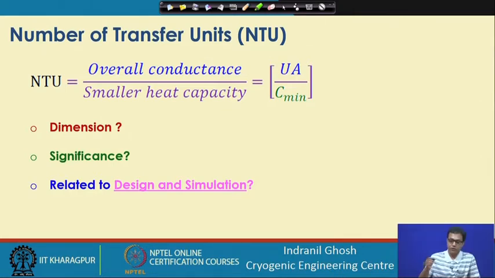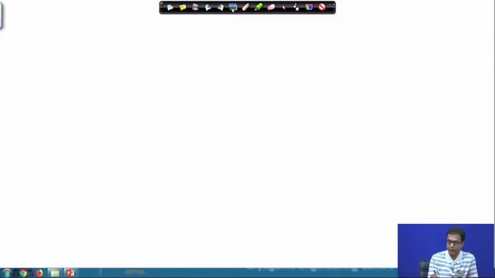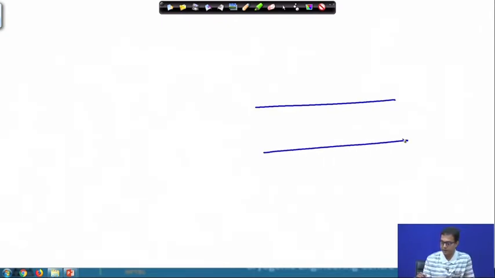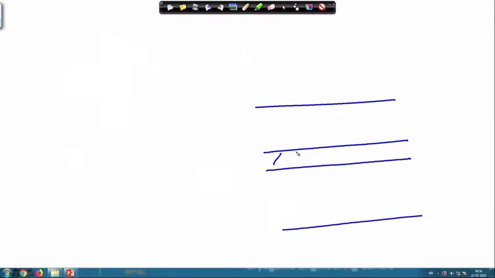Now, if we remember, we have earlier talked about a two fluid stream heat transfer, where we had a hot fluid separated from the cold fluid by a separating wall.